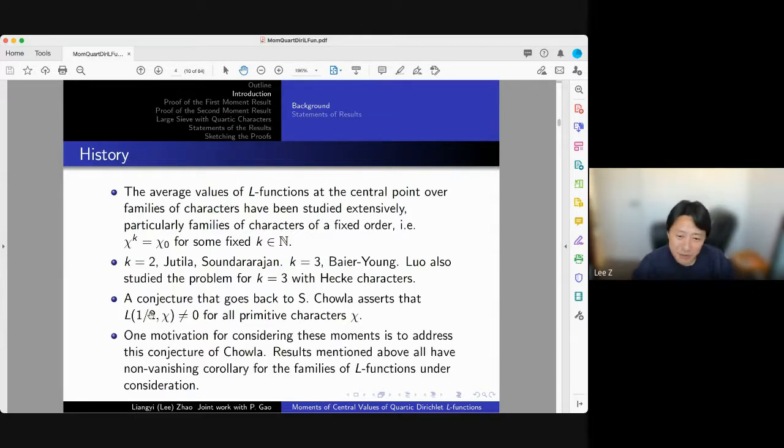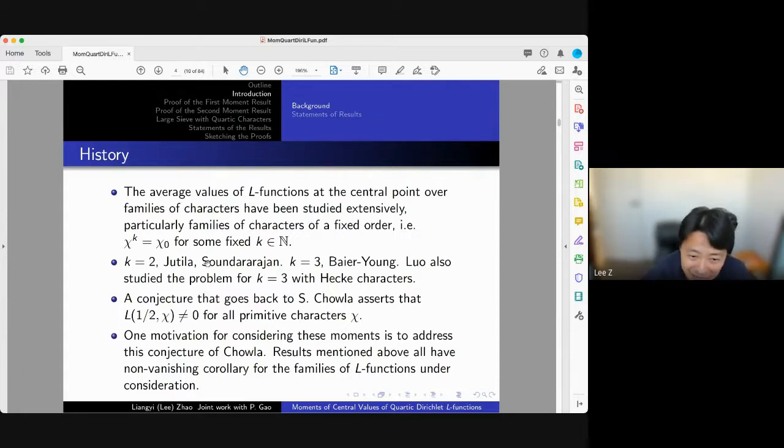So one motivation to consider these moments is to address this conjecture of Chowla. The results I mentioned above by Jutila, Soundararajan, Baier, Young, and Luo have all been used to prove non-vanishing corollaries for the families of L functions under their consideration.